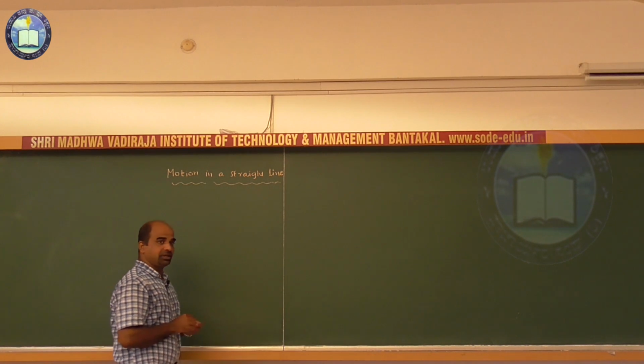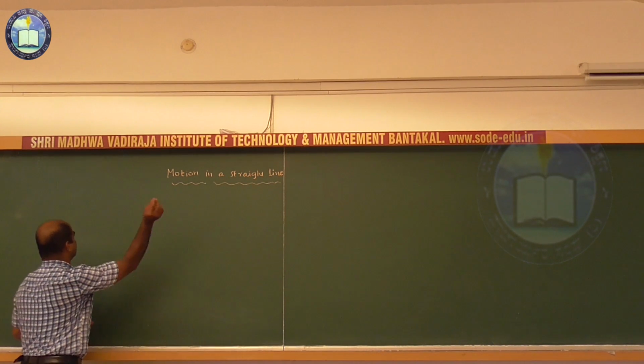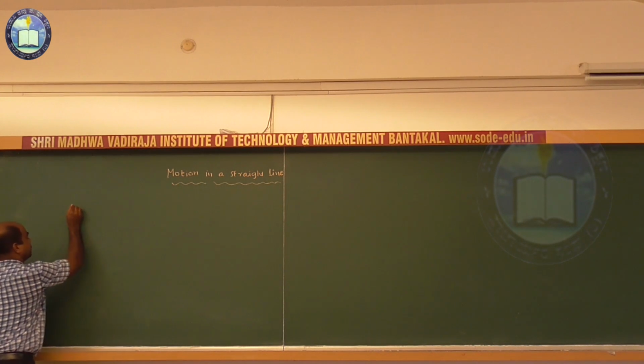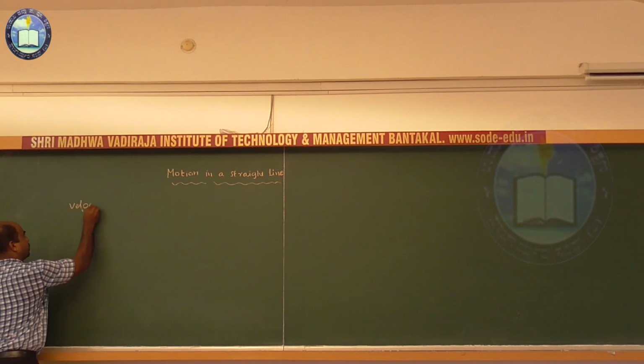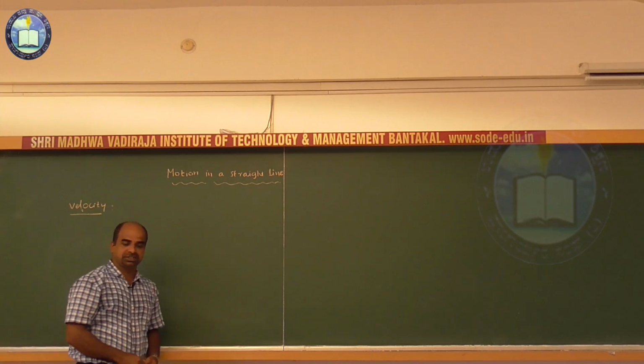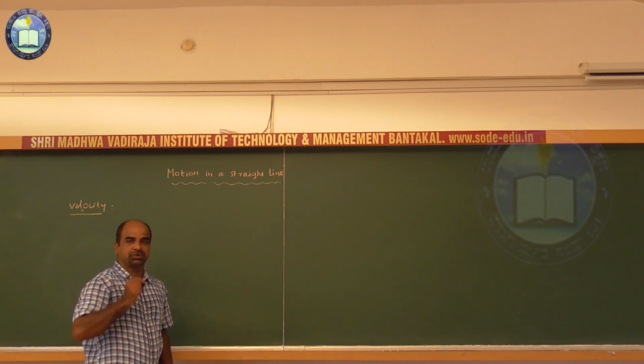Similarly, we studied velocity in the previous class. So what is velocity of a body? Velocity of a moving body can be defined as the rate of displacement of the body with respect to time.